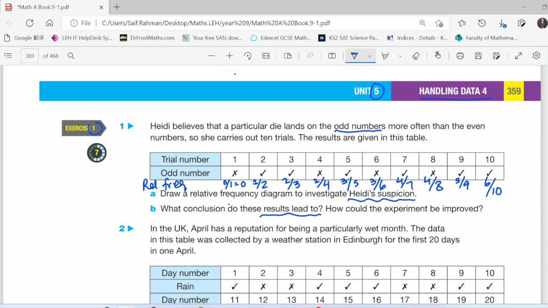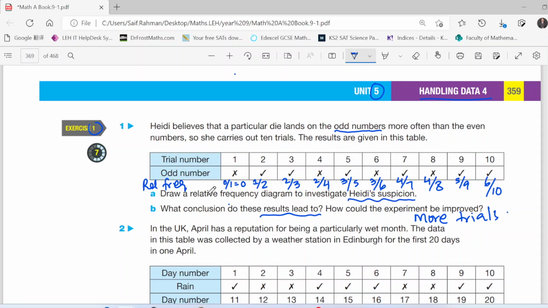And how could the experiment be improved? It can be improved if you do more trials, as more trials will make the results more robust.